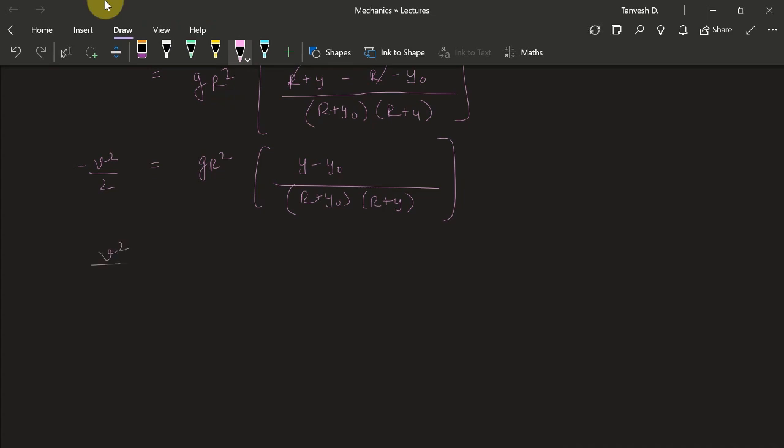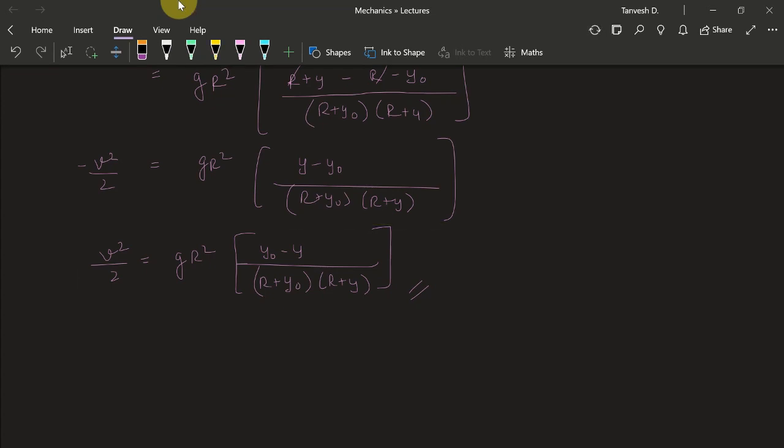So I'll get v square by 2 is equal to gr square into y0 minus y upon r plus y0 into r plus y. Now this is the equation. This is the final equation that we are getting.